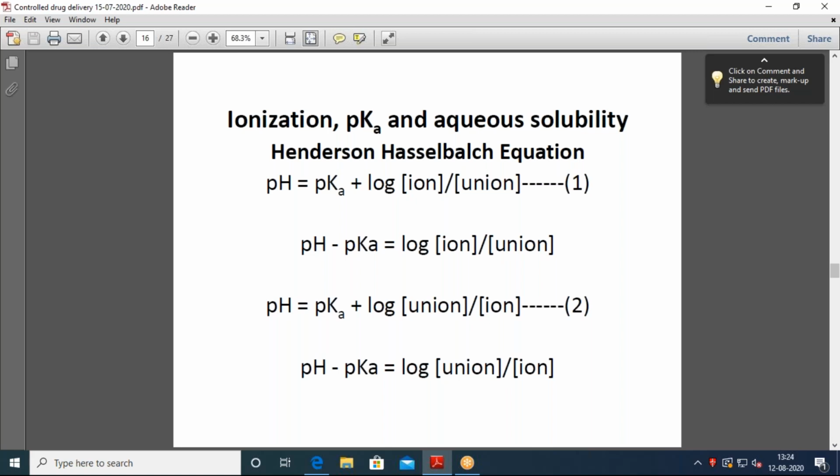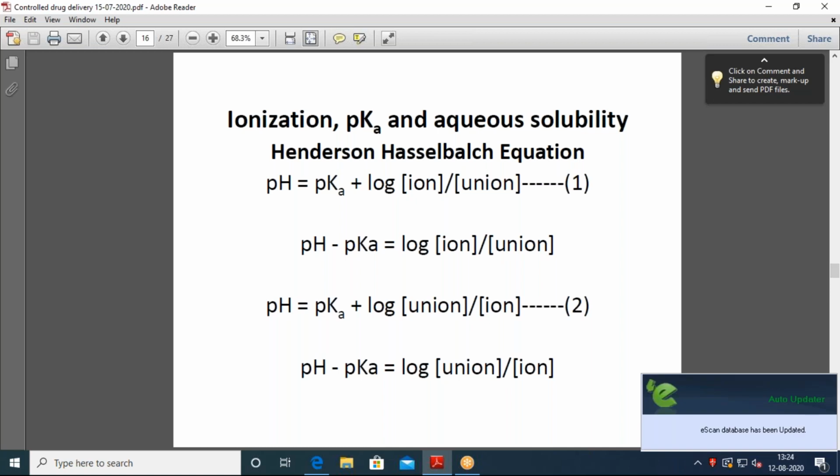For the acidic drugs, you can see there on the slide, pH minus pKa gives you the log of the ionized to unionized ratio. And for the basic drugs, pH minus pKa is equal to log unionized by ionized.